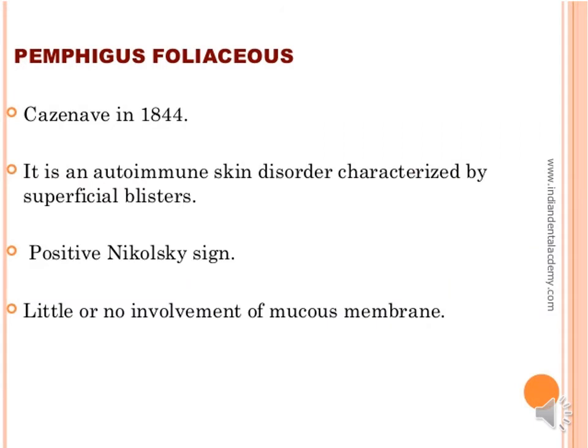Another form of pemphigus, pemphigus foliaceus, was described by Cazenave in 1844. It is an autoimmune skin disorder characterized by superficial blisters, positive Nikolsky sign, and little or no involvement of mucous membrane.